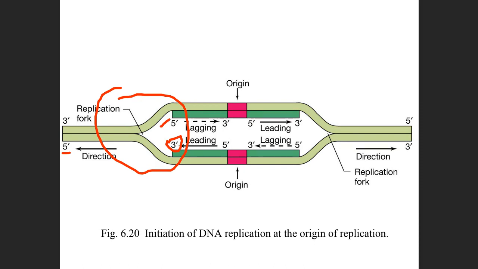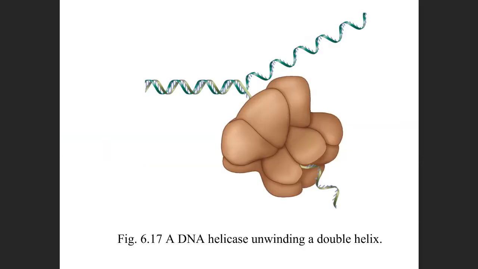So this is easy, right? You see this goes in, but what about this part? Because it's only extending on this side, not on that side. We'll come back to talk about the replication fork. But for now, we understand replication takes place in both directions, and the replication requires the DNA to be unwound.